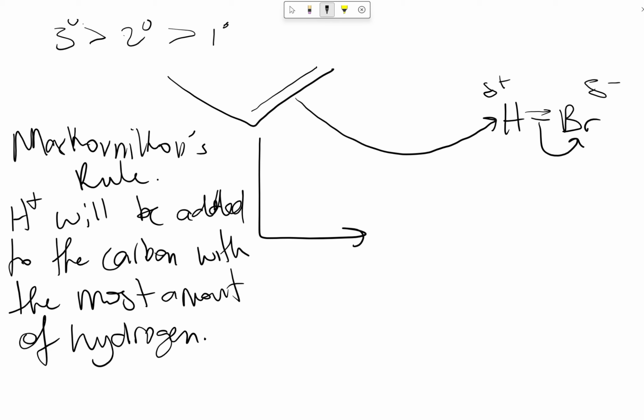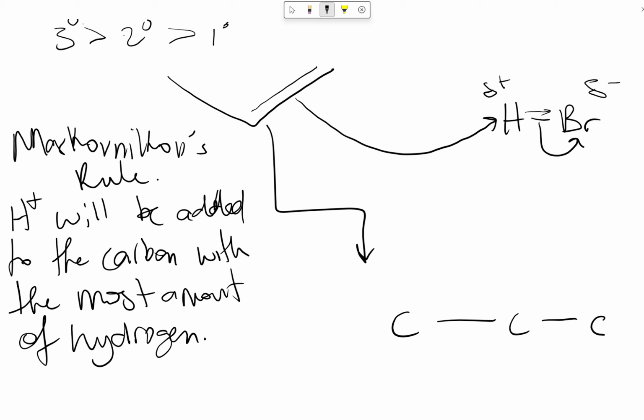So it will be added to the carbon with the most amount of hydrogen. If we were to draw this structural formula out a little bit more, we're going to have a species like this. The double bond was once here. That double bond is now broken.